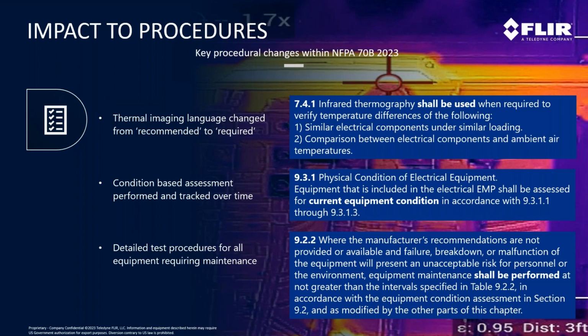The other two components on the procedural side: there's a need for condition-based assessments, right? As much as we're talking about thermography changes to NFPA 70B, the physical condition needs to be documented and included in the electrical maintenance plan for current equipment condition, and they call out some very specific sections there based on what you need to do to qualify the conditions of those assets.